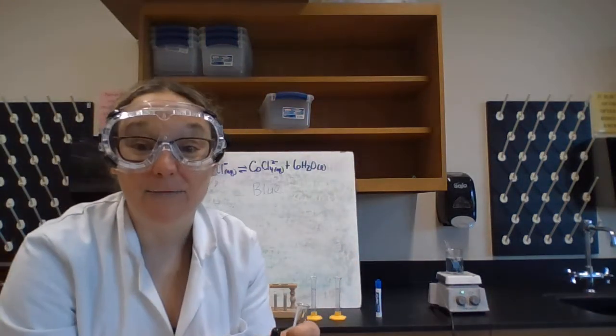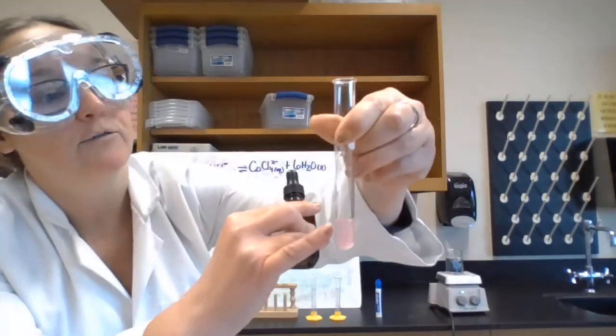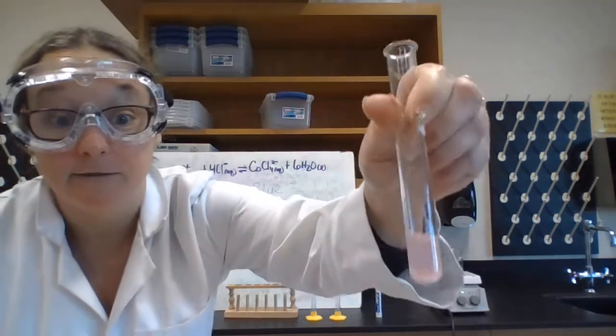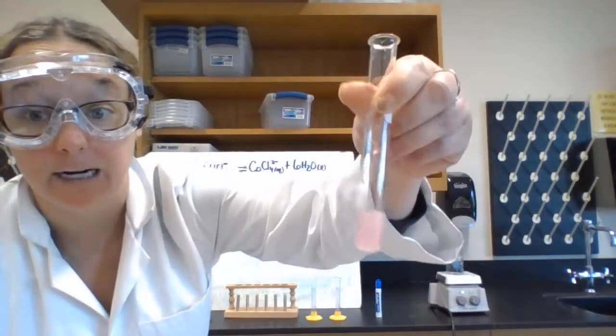Okay, so what have we got going on here? All right, we added some silver nitrate to this, and we do start to see, y'all can see, we have a precipitate forming. All right, that white stuff that's kind of floating around in there.